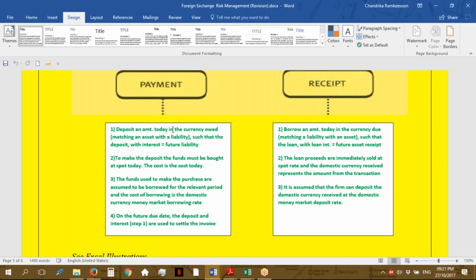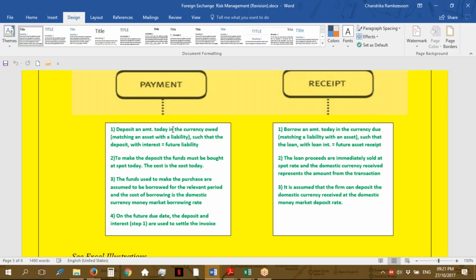Now, having worked that out, it means that you're going to have to find the money somewhere. Remember, what you are depositing is the foreign currency. So the second step says to make the deposit, the funds must be bought at the spot rate today, and the cost is the cost today. So it's as though you go into the bank and you buy in the currency to make the deposit. Now you have to work out step one first.